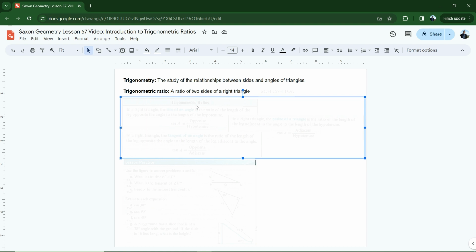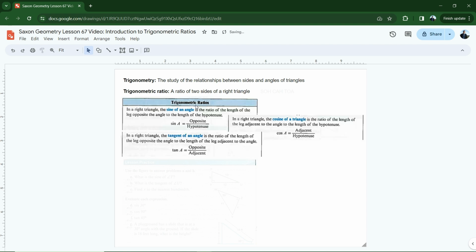Because we're working with something that's so fixed, so locked into place, what we're going to be finding is that the ratios of sides for a particular angle are fixed. Okay. So let's say, for example, I'm looking at a 22-degree angle on a right triangle.